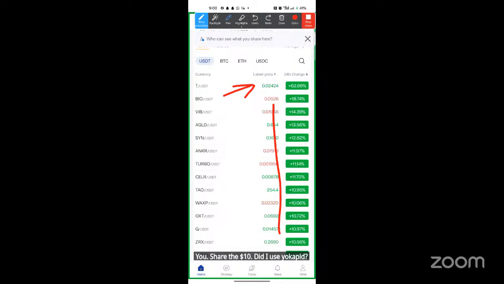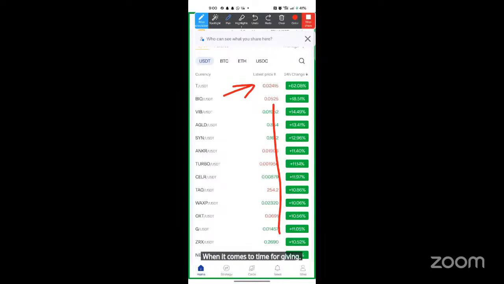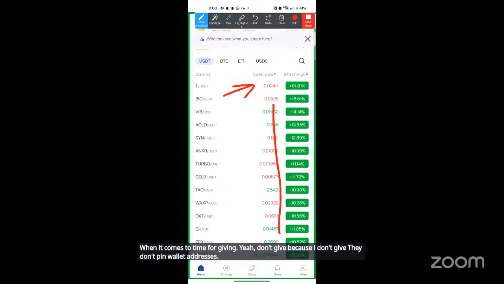You see, even when I'm going to church these days, money is in USDT, and the pastor has a wallet address. So I just pray. When it comes to time for giving, I don't give because they don't pin wallet addresses. Money is in USDT.